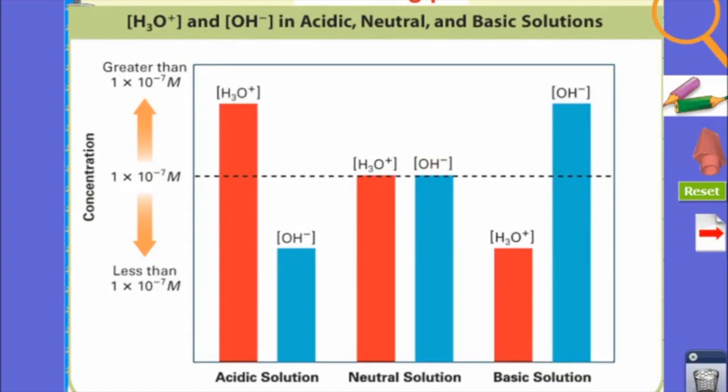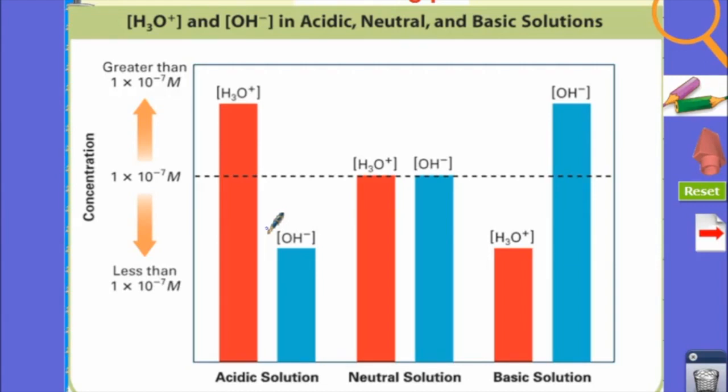Now, let's compare concentration of hydronium ion or hydrogen ion with pH. I need for you to look at this carefully. If the hydronium ion concentration is greater than the concentration of hydroxide ion, the solution is acidic. You have more hydrogen ion than hydroxide ion.